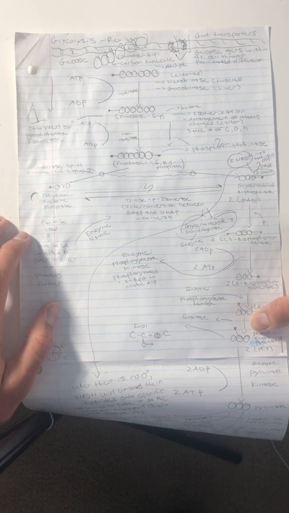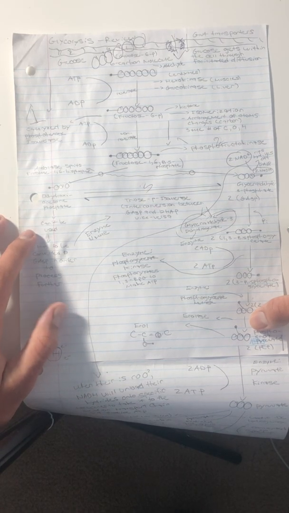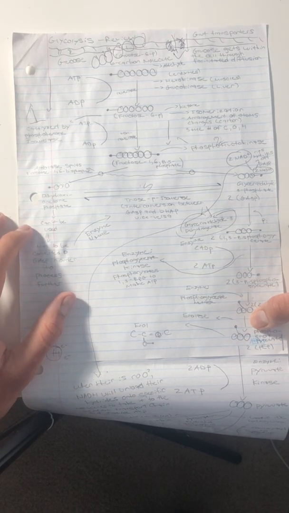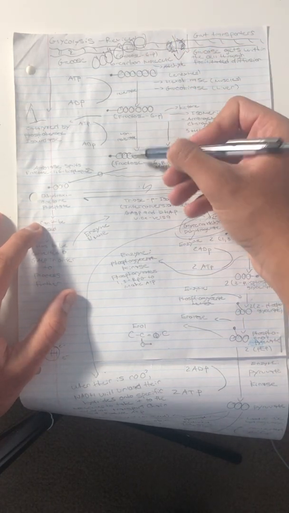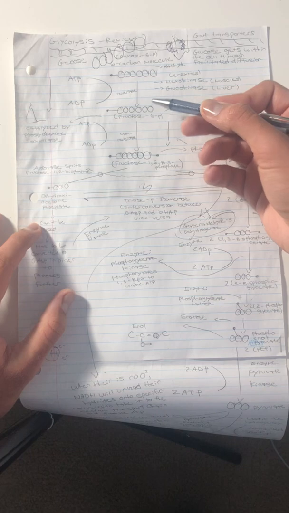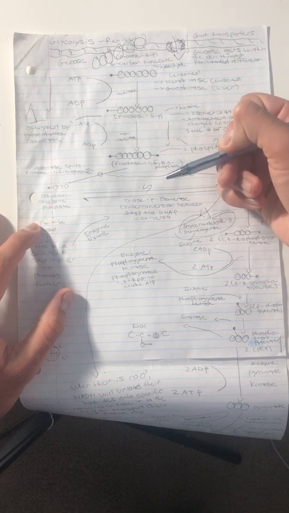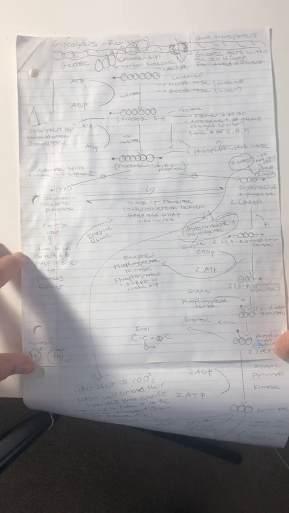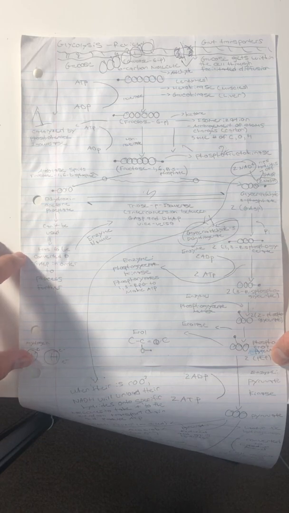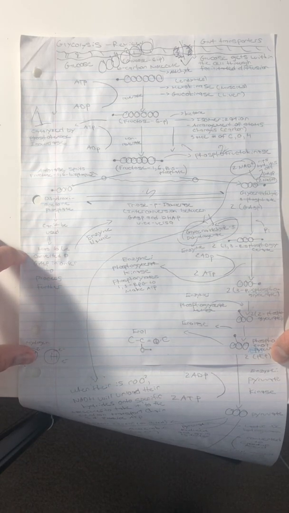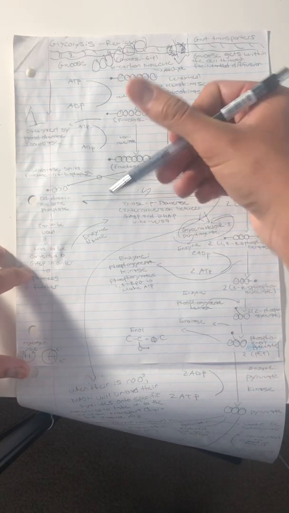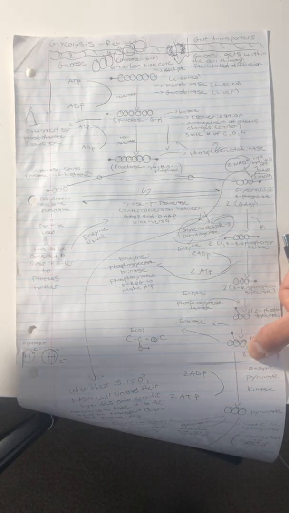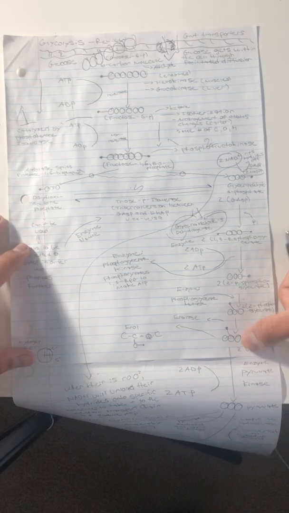So the next step that happens is when fructose 6P is turned into fructose 1,6-bisphosphate. What happens during this process? The same process happens once again.